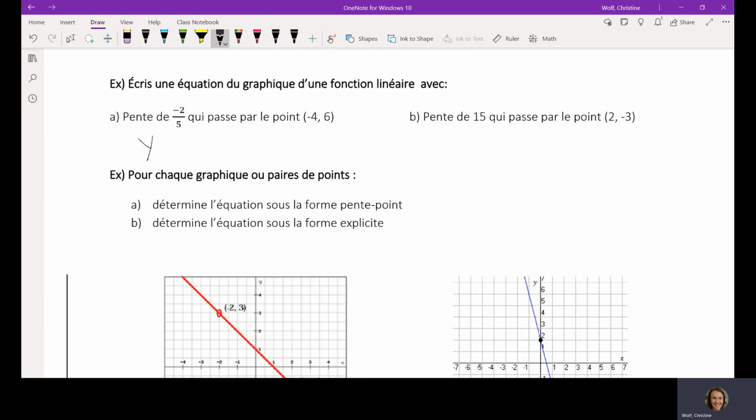Then, à côté de y, c'est la valeur de y qui vient du point, qui est 6. But if it was +6 in the point, it had to have been -6 dans l'équation, right? Parce qu'on change les symboles. La pente, c'est -2 sur 5. Ouvre les parenthèses. And then c'est x avec la valeur de x, mais le symbole opposé, so positive 4.